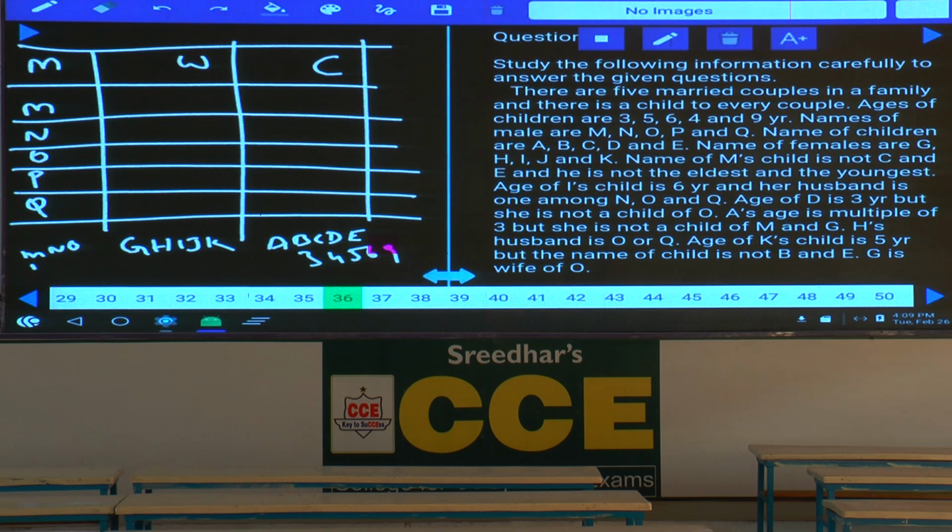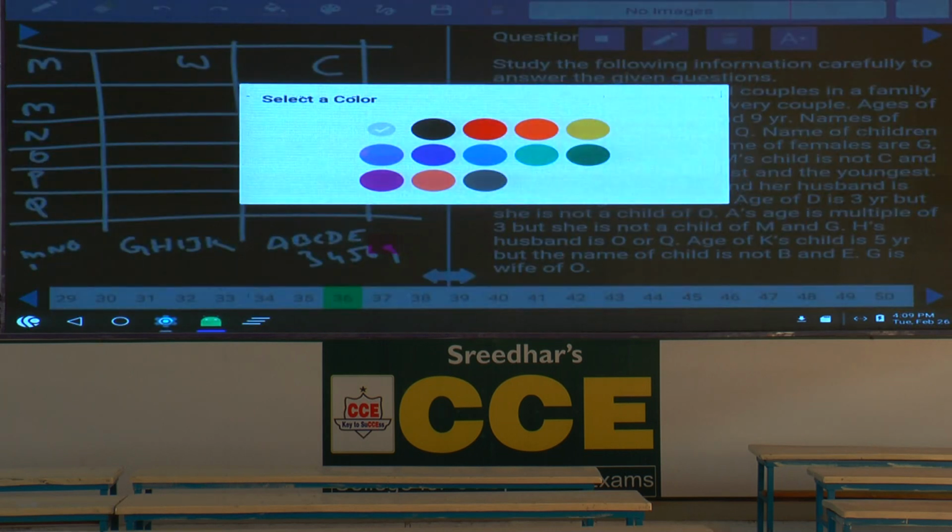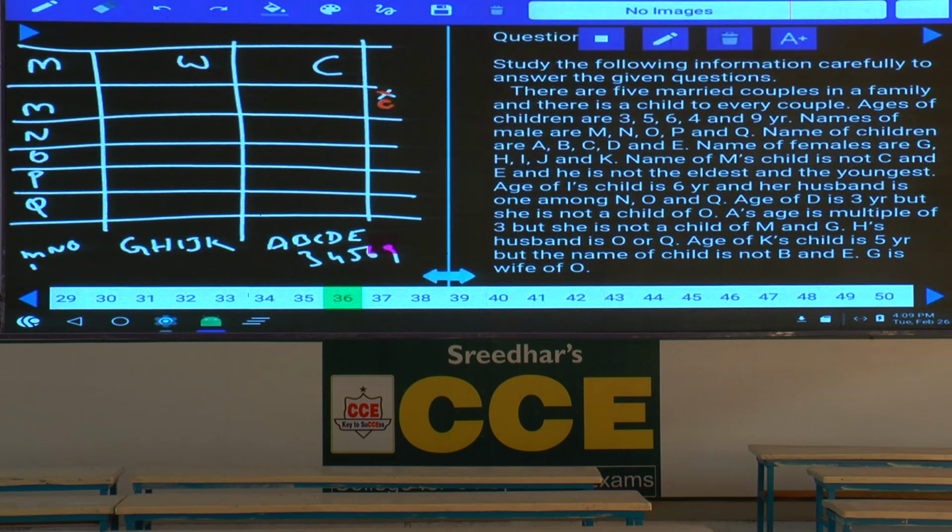Men, women, and children. MNOPQ are the men. Name of females, GHIJK. Name of M's child is not C. C cannot be here. Are you following this one or not? C cannot be at this place. Then, what is the other information here?